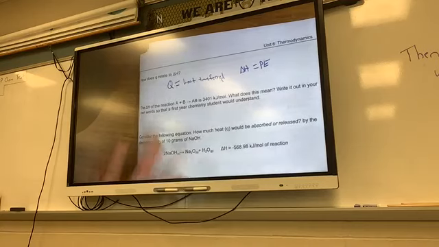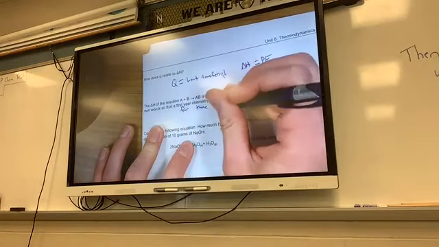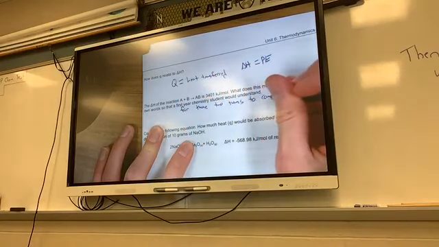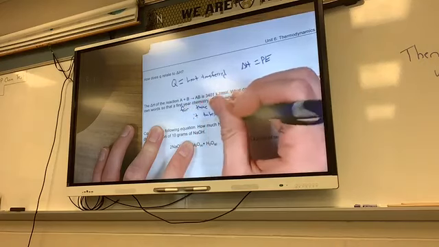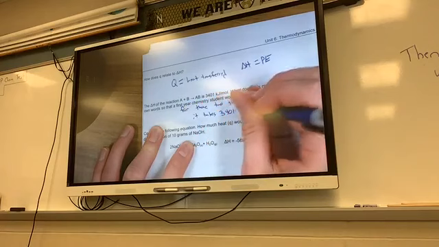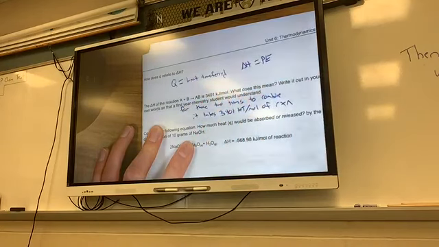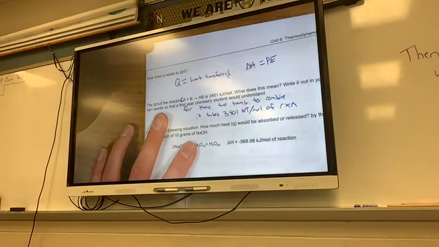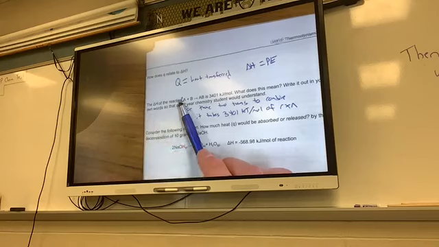So for those two things to combine, it takes 3,401 kilojoules per mole of reaction. Because what if it was 2A? And it was asking for A. What would I have to do to this number? Divide by 2. Yes. Okay.